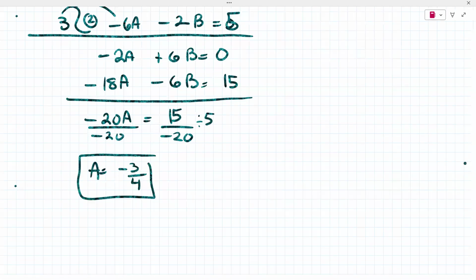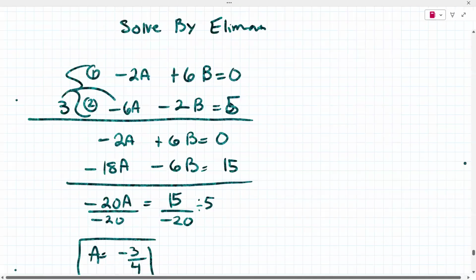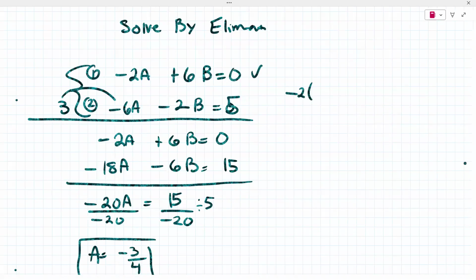And now we must solve for b, so you're going to substitute a back into your original equation. Let's put it in this equation. So it's negative 2 times a, which is negative 3/4, plus 6b equals 0. This would be positive 6/4 plus 6b equals 0.